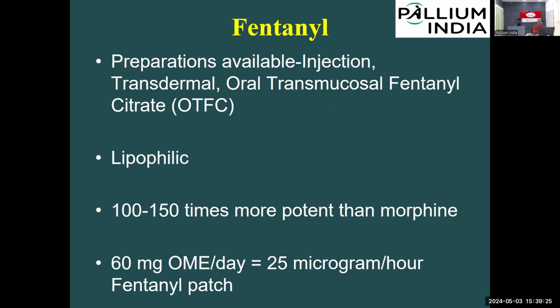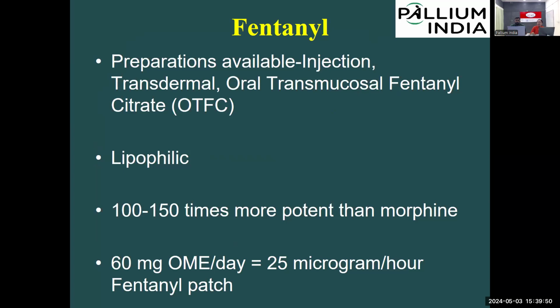Other preparations of fentanyl available are injection, transdermal, as I already mentioned, and oral transmucosal fentanyl citrate. It is lipophilic in nature and is 100 to 150 times more potent than morphine. 60 milligram of oral morphine equivalent per day is equal to 25 microgram per hour of fentanyl patch.